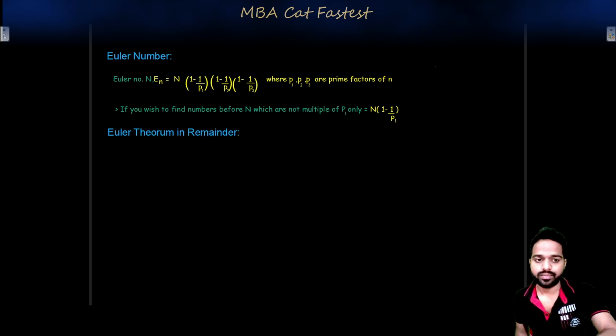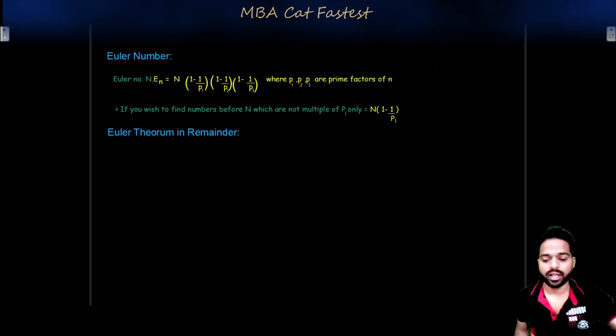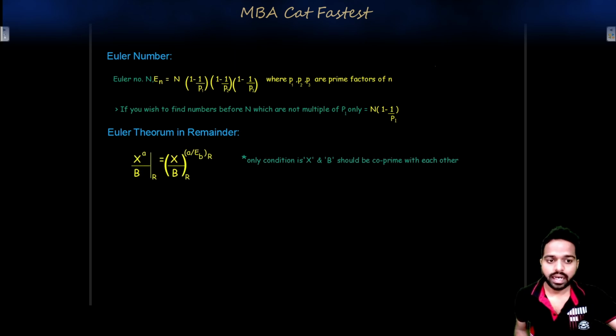Now, Euler theorem in remainder. By now, you would have sensed it is basically for powers, how to diminish the power. If a number is written in the form x to the power a, and it is divided by b, how can you reduce it?